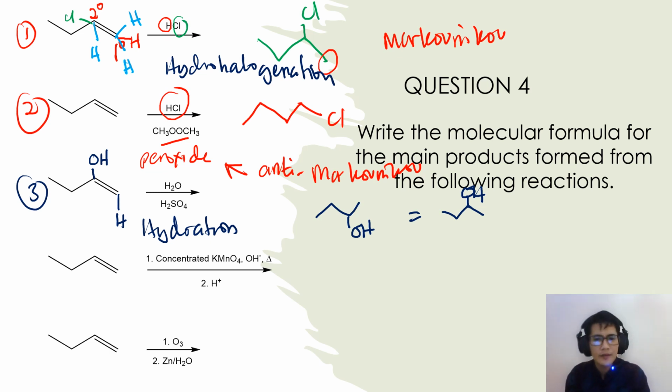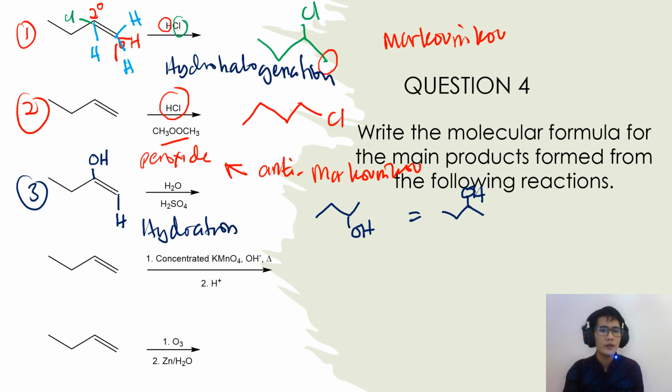Next, oxidative cleavage. Actually, only these 3 reactions apply Markovnikov and anti-Markovnikov, to achieve LO number 7 and also LO number 8. But I still put the oxidative cleavage in this question so that you can learn more about it and see the difference between oxidative cleavage using hot concentrated KMnO4 and using the ozonolysis reagent.